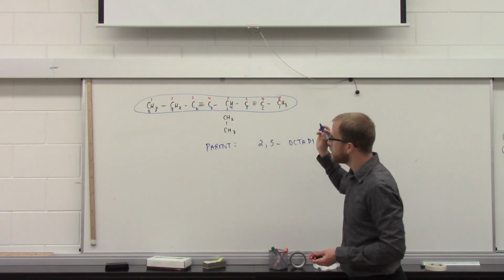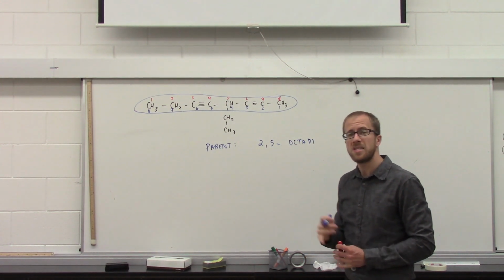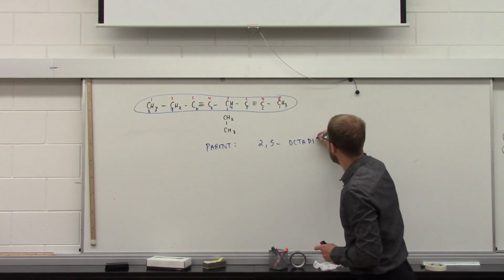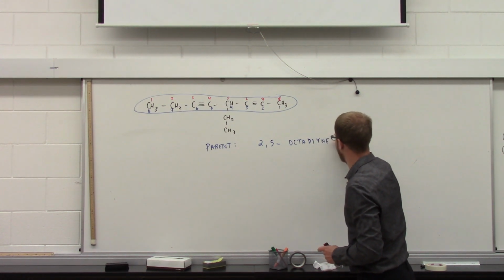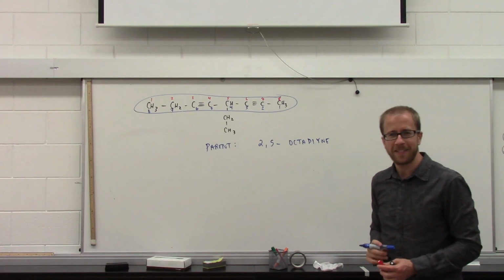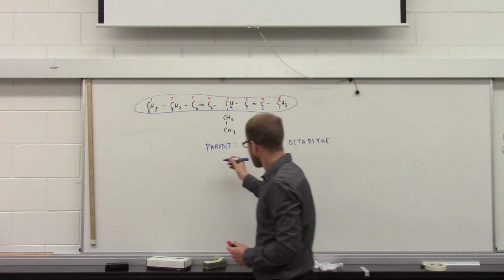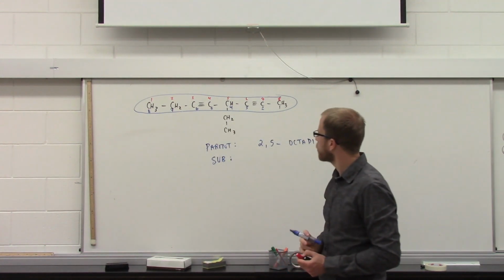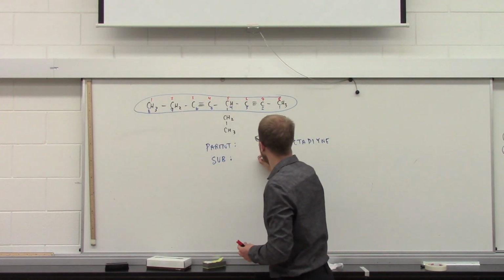And then what is it? Well, it's triple bonds, so we use the suffix "-yne". So it's 2,5-octadiyne. Wow, does that ever sound awkward? 2,5-octadiyne.